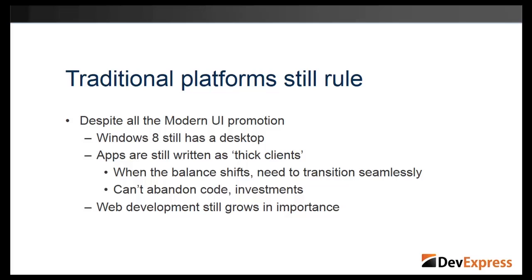Windows 7 and earlier are still around, although Windows XP is probably coming to its end of life. I can't remember the exact date. Apps are still being written as Windows clients, Windows apps. But there will be a point, not necessarily this year perhaps, but there will be a point when we do transition over from, shall we say, a Windows 7 look on the world to a Windows 8 look on the world.